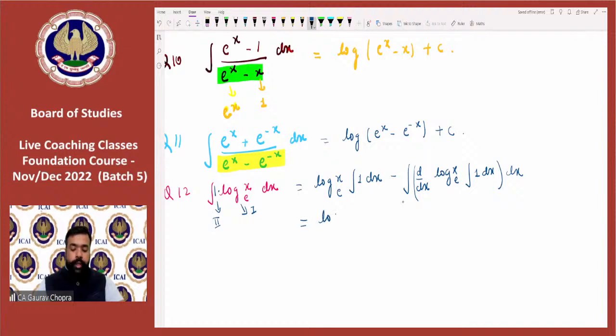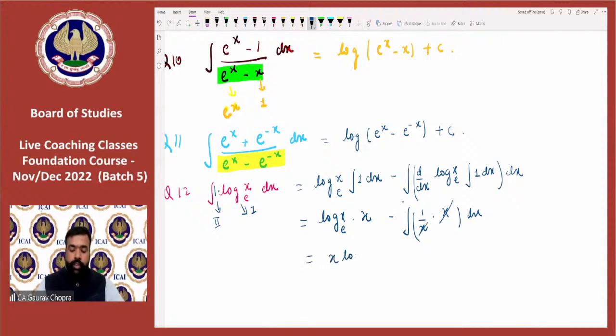So log of x remains as it is. Integration of 1 is x, minus d by dx of log x is 1 upon x, and then integration of 1 is x. So here x will get cancelled.